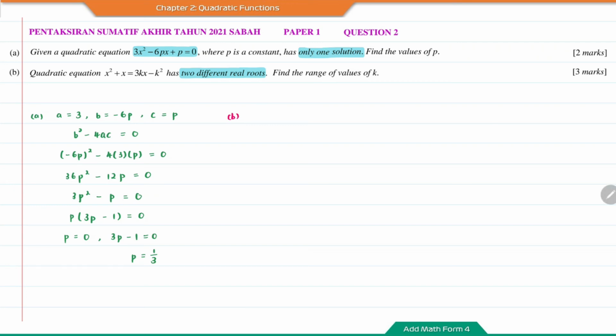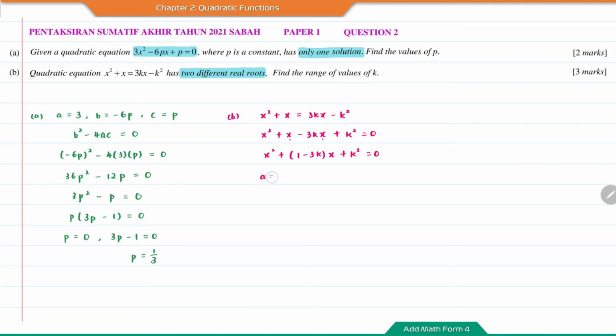So first, for this quadratic equation, we're going to write it in general form. Therefore, I'm going to move everything to the left-hand side. And for this part here, I can factorize the x. So I'm going to put bracket 1 minus 3k times x plus k squared. This is the general form of the quadratic equation.